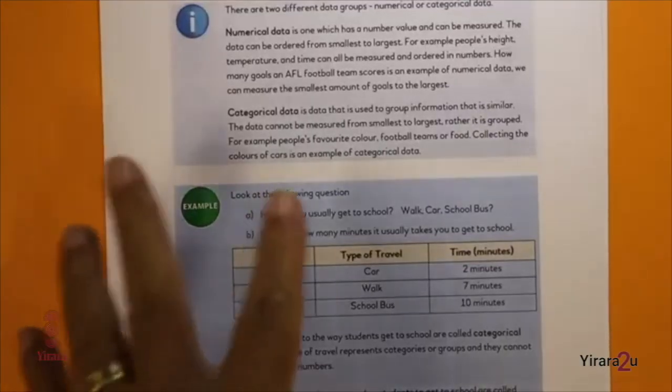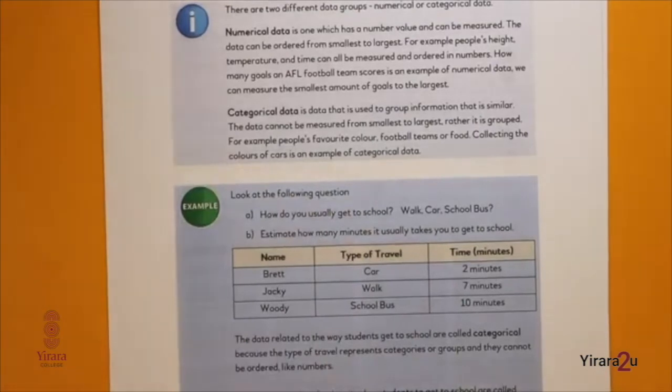Okay, categorical data. Now, the idea of putting things in categories means to find something that they can be put together because they've got something in common. And perhaps it's not a word that we use so much, but it's not got to do with numbers.